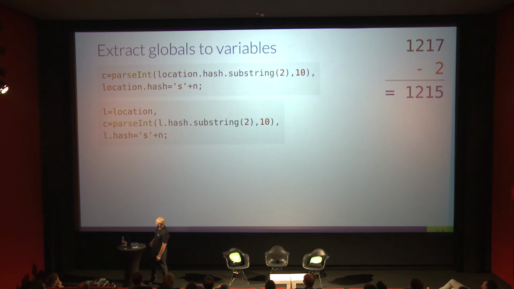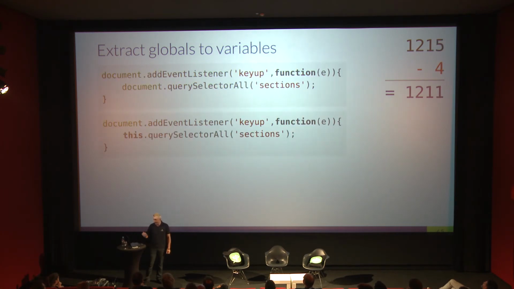In the upper block, you can see I access the location property of the global object twice. If I extract this to a variable called L, I can save 2 bytes. I could have done something similar with document. I use document twice, but if I extract this to a variable, I end up with 1 byte more.